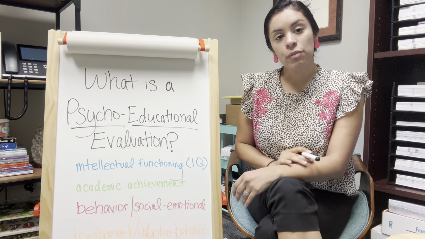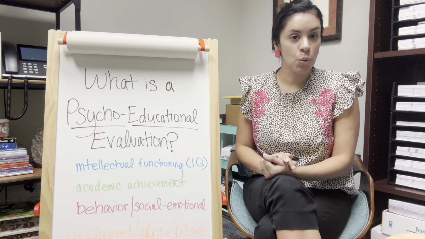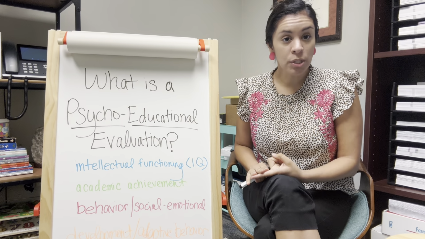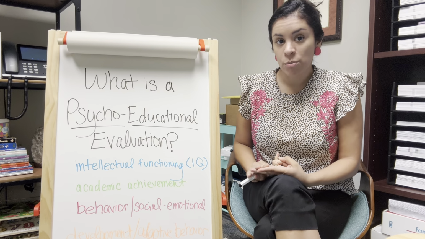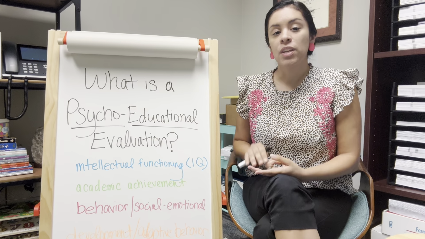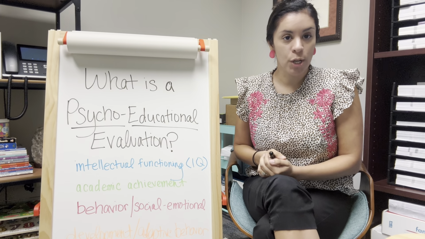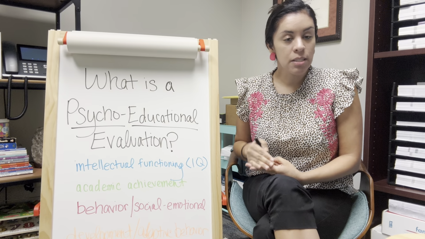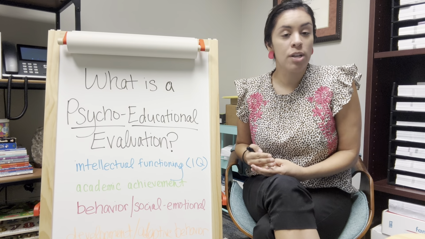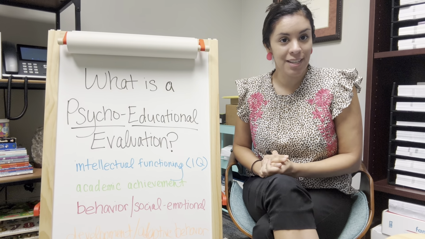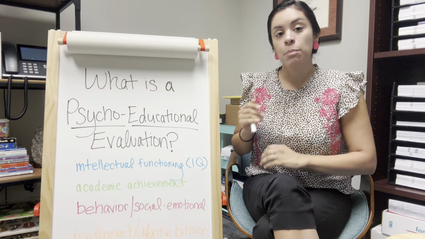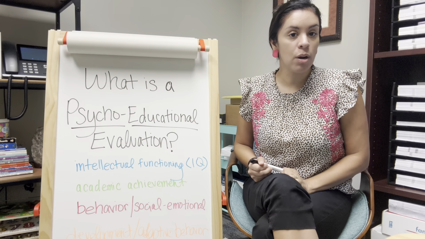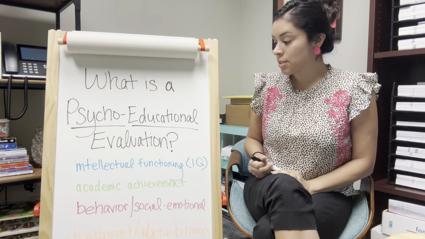The kind of IQ test that I like to use gives us information about the child's verbal abilities, nonverbal reasoning skills, and then other different cognitive processing, such as working memory, processing speed, visual processing, and auditory processing. Again, there's other pieces that can be added or taken away depending on what are the specific concerns.